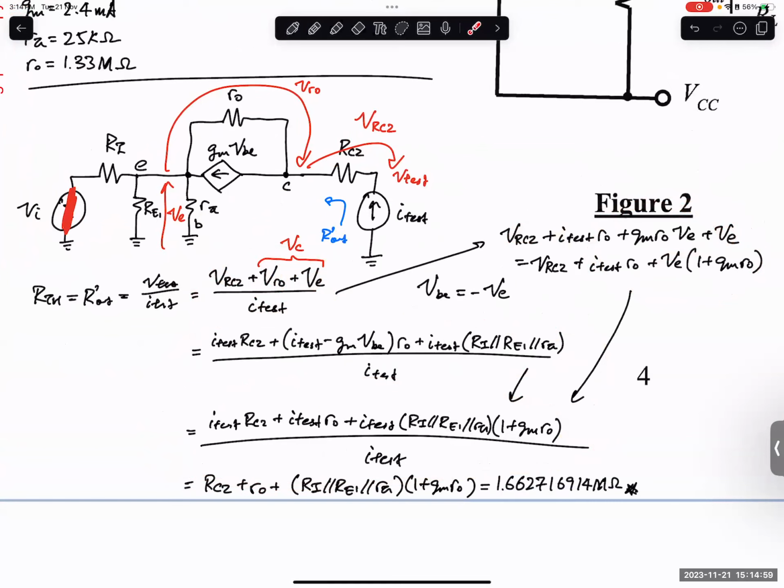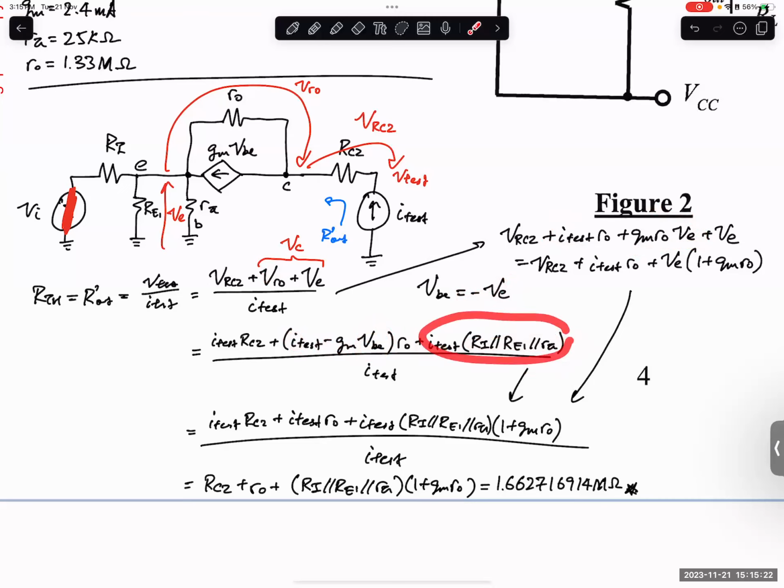VR not I open because in the end there's a VBE there. So if there's a VBE there, I want to open up. So it becomes like that. I put negative, become VE, because VR not is actually just I test minus GM VBE. And VBE is actually negative VE. And this VE is expressed by I test times this whole thing.